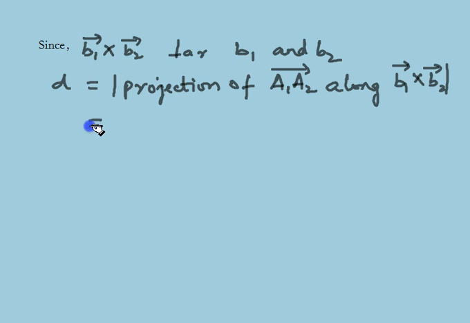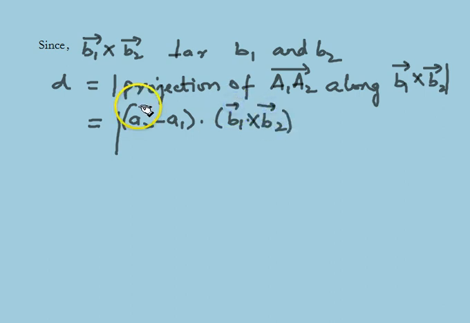Thus, the value of D can be rewritten as the mod of (a2 minus a1) dot product of (vector b1 cross vector b2), divided by the mod of the cross product of vector b1 and vector b2.